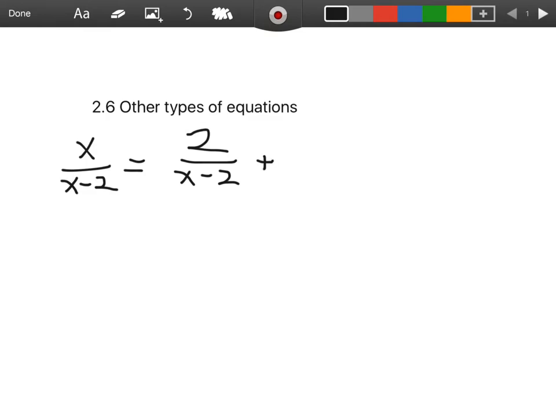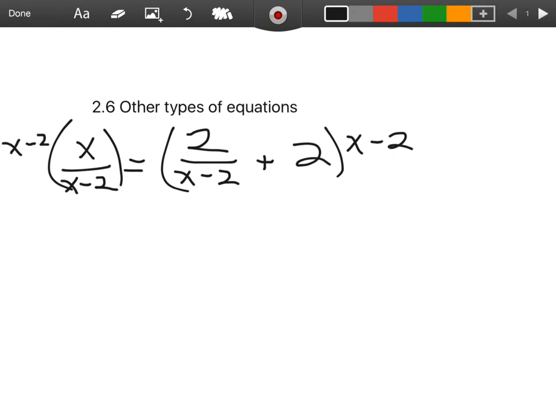So this is going to be an equation that has some rational expressions, and we treat them like fractions, and we get rid of all the denominators by multiplying by the least common denominator. In this case, the least common denominator is x minus 2. On the left-hand side, it eliminates the fraction.